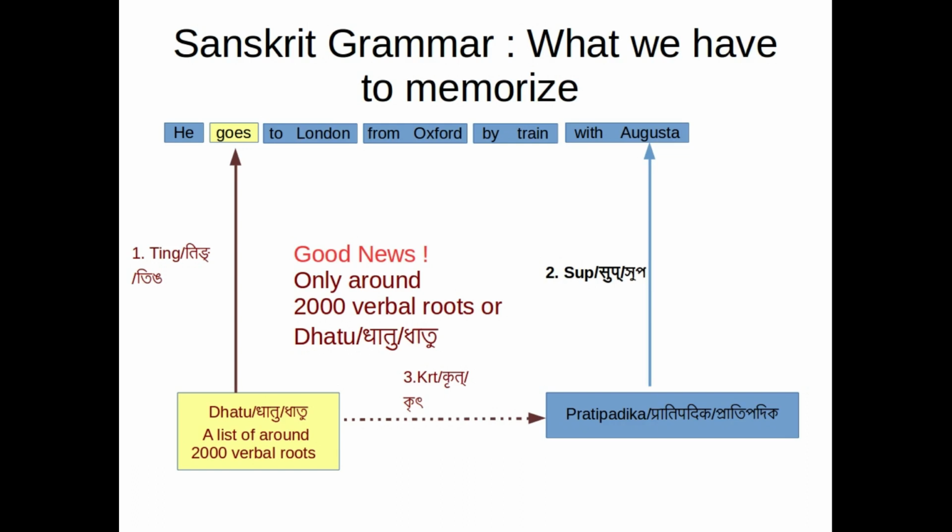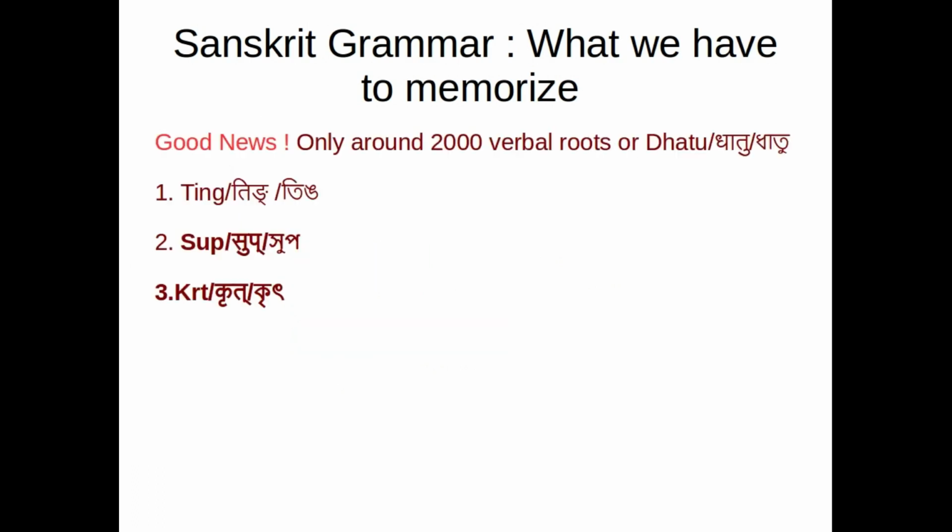Of course, the bad news is we have to learn a lot of things in order to be able to use these 2000 roots appropriately in different situations. The good news is there are only a few mechanisms.